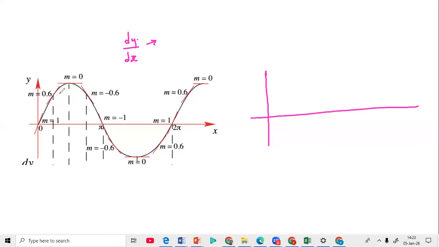In case you have a graph like the one I have here and you want to find its derivative, its dy/dx, it means that you are going to measure its gradient at each point on that graph. So by measuring gradient, I'm going to come here, I measure this gradient, I measure.